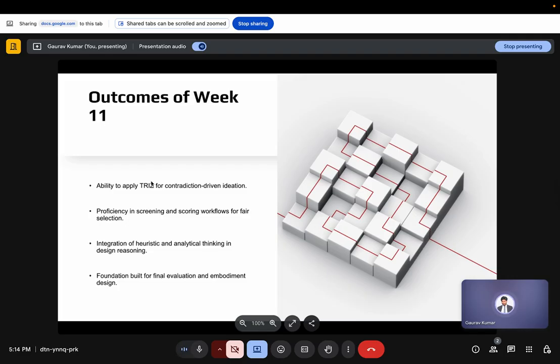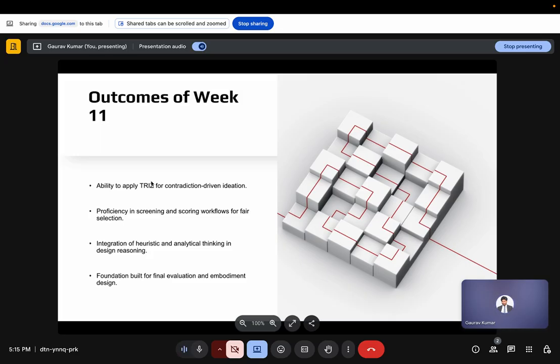Okay, so now we see the outcomes of week 11. By the end of week 11, we acquired the ability to apply TRIZ principles for contradiction-driven ideation, allowing systematic exploration of innovations beyond trial and error. They also became proficient in using a screening and scoring workflow that enables fair and transparent evaluation of competing design concepts.